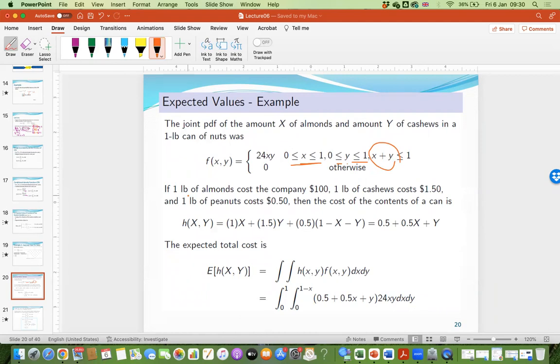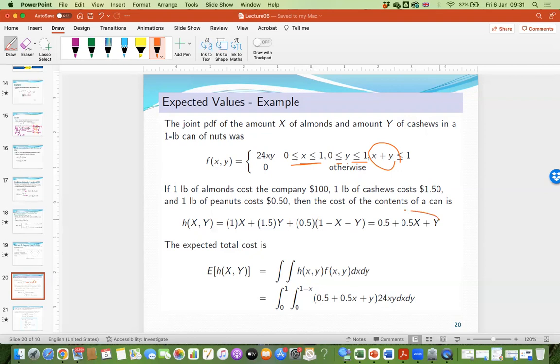If 1 pound of almonds costs the company 1.00, 1 pound of cashew nuts costs 1.50, and 1 pound of peanuts costs 50 cents, then the cost of the content of a can is 1 plus 1.5y plus 0.5 times (1 minus x minus y), which equals 0.5 plus 0.5x plus y.